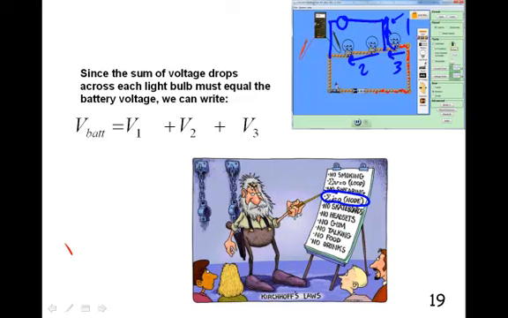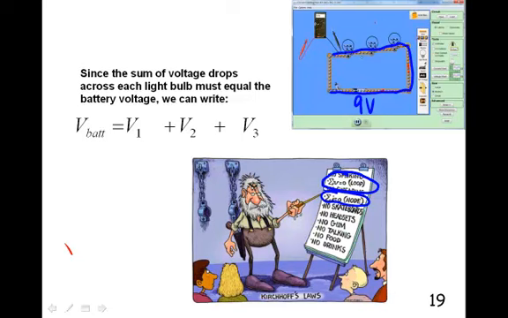So the sum of the voltage drop across each light bulb must equal the battery voltage. That's another one of Kirchhoff's laws, and I didn't spend a lot of time with that in this class because it's so simple that you use it and you almost don't even have to say that you're using it. So if you have a battery that's 9 volts, what Kirchhoff's law would say is that if you go up 9 volts in a circuit, then you have to drop 9 volts.